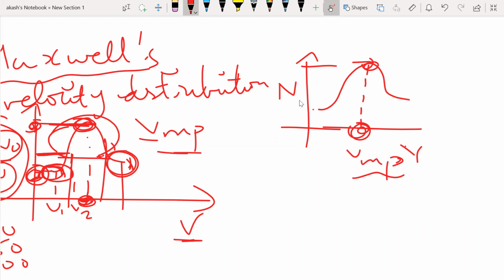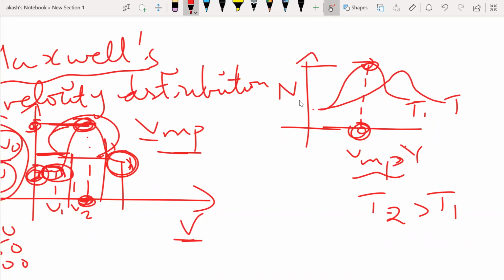Okay, fine. So now if I increase or decrease the temperature, we'll see what happens. Assume that this graph is at temperature T1. Now if I increase the temperature to T2, you will see that this is what is happening.